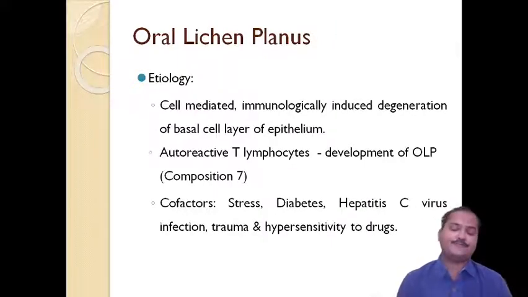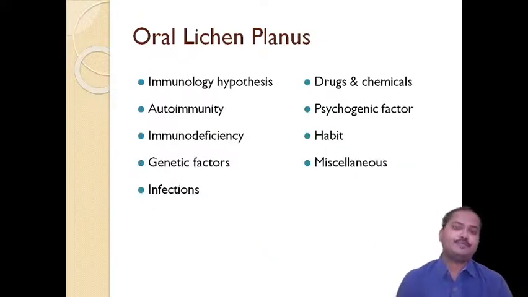Certain cofactors are also associated with the appearance of this lesion, namely stress being the first and most common, diabetes mellitus, hepatitis C virus infection if it is present, trauma, and hypersensitivity to certain drugs.